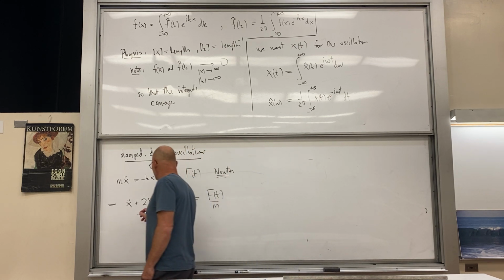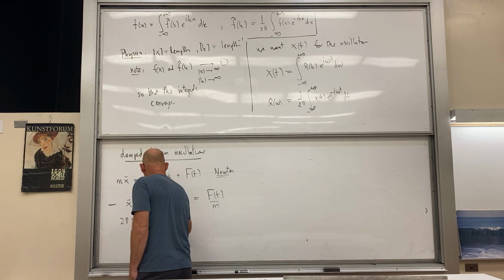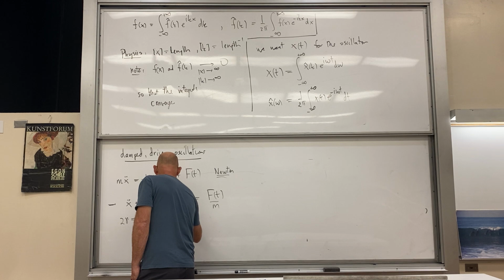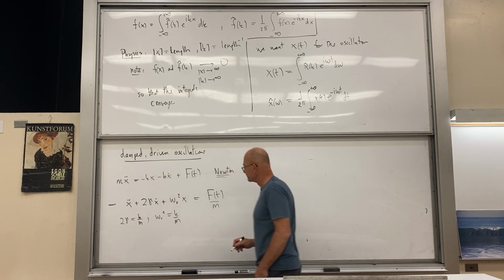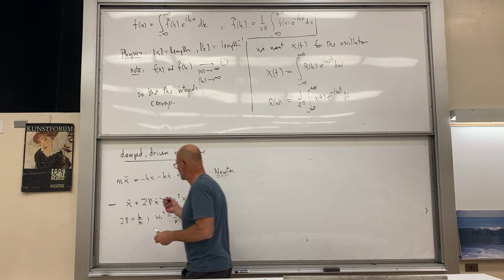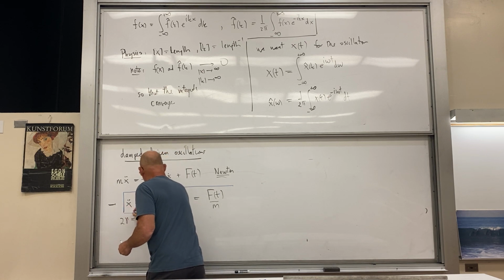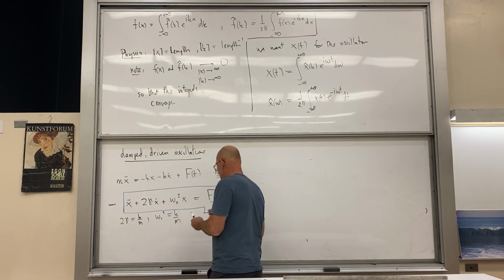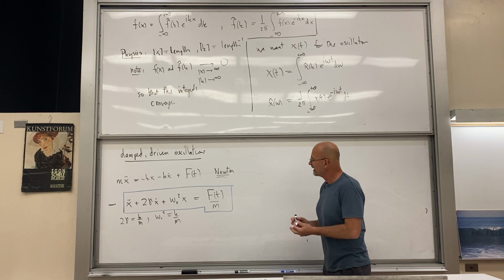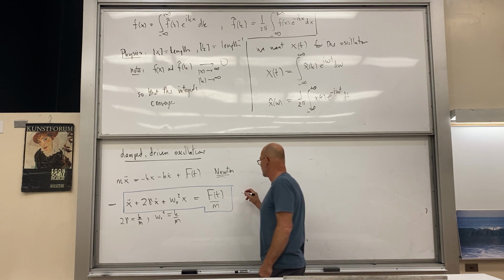And then we had 2 gamma is b divided by m, and omega naught squared is k divided by m. And we then talked about the driving force.